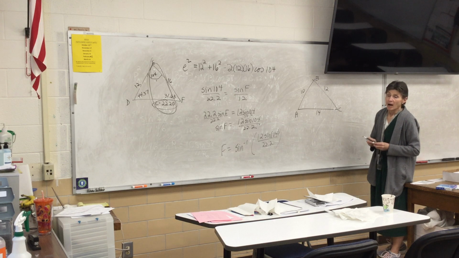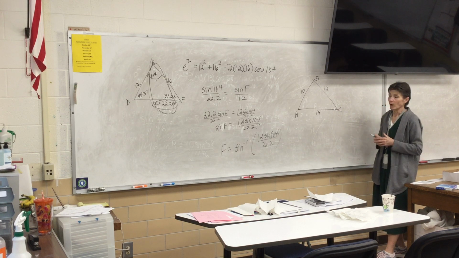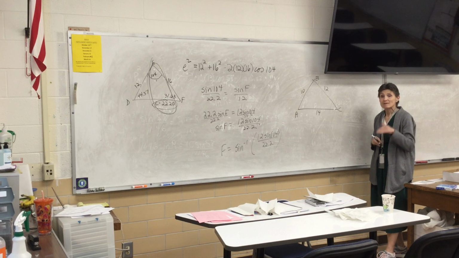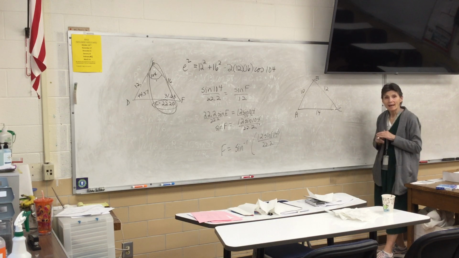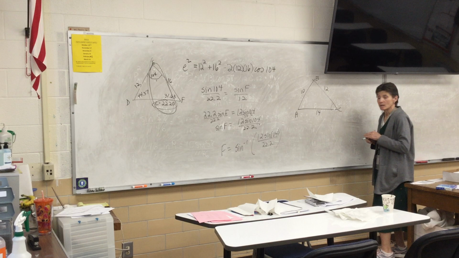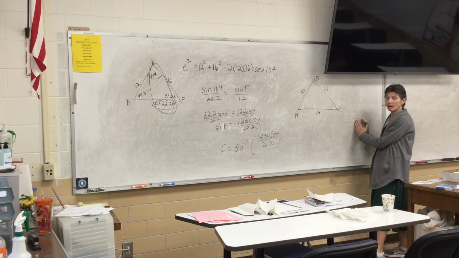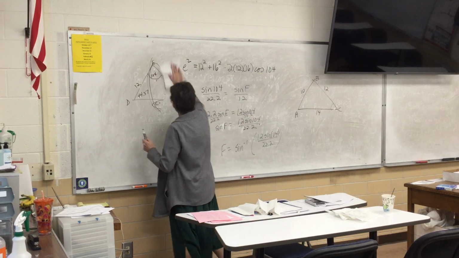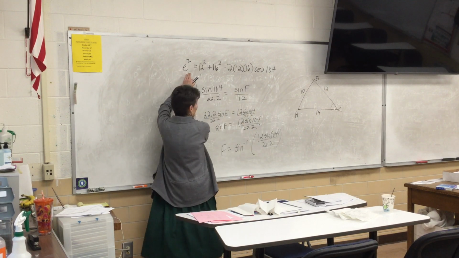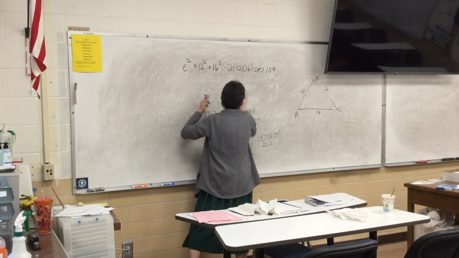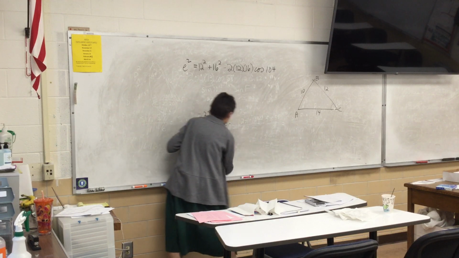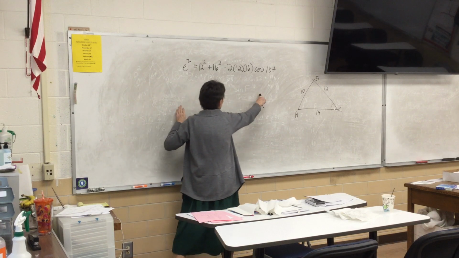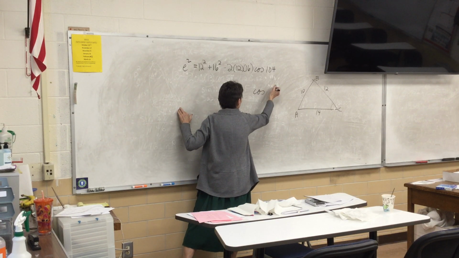Okay? I have no angle, so I'm going to pick one. I'm going to pick angle C. If I choose to do angle C, then on this end of the law of cosines, I'm going to erase this and look here where I have more room. This is what the law of cosines looks like. I'm going to leave that one up there, just so we can have it for reference. On this end of the law of cosines, it's going to be cosine of my angle.